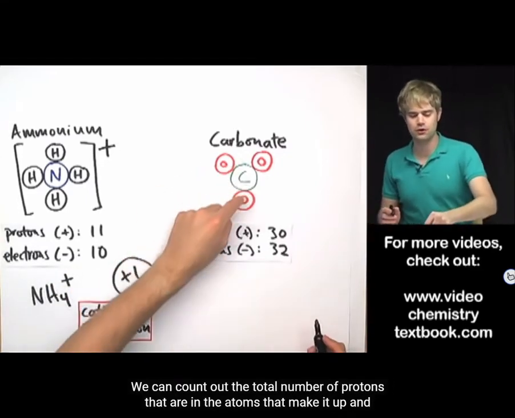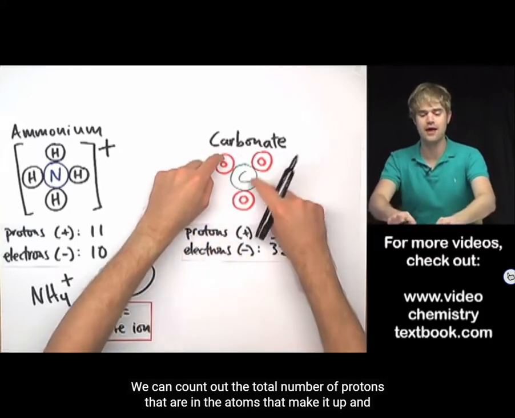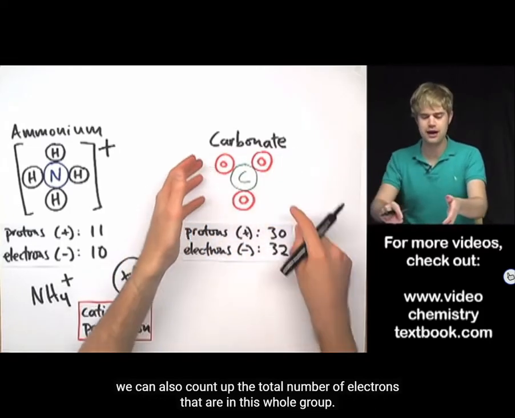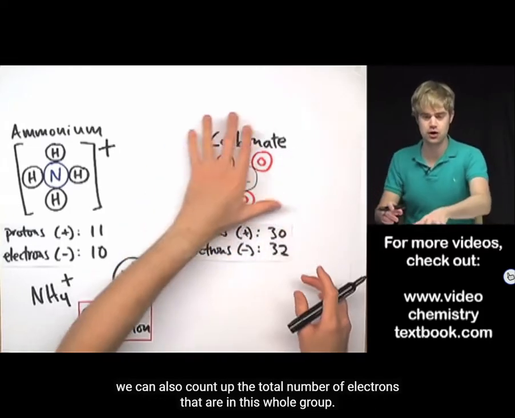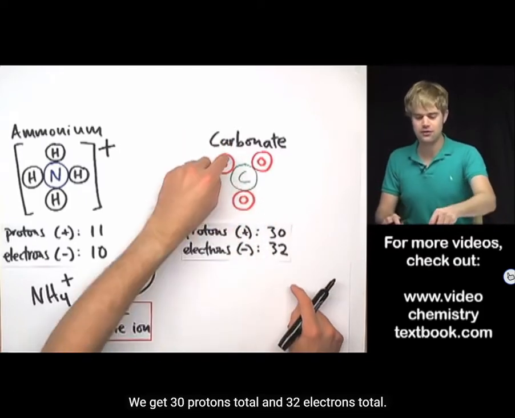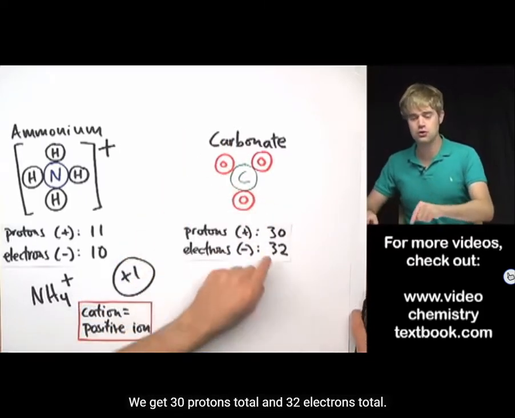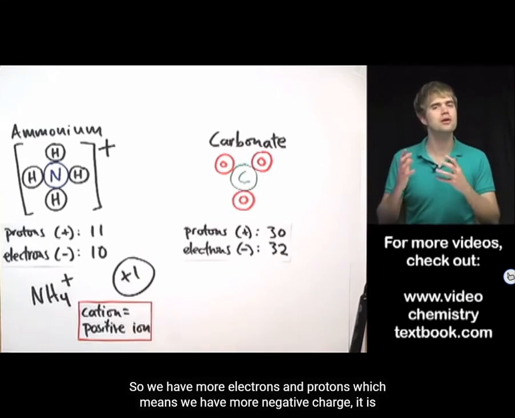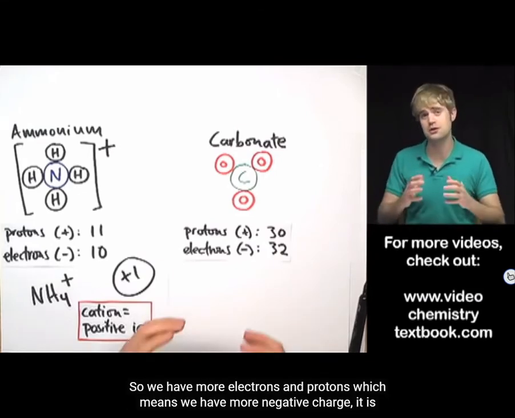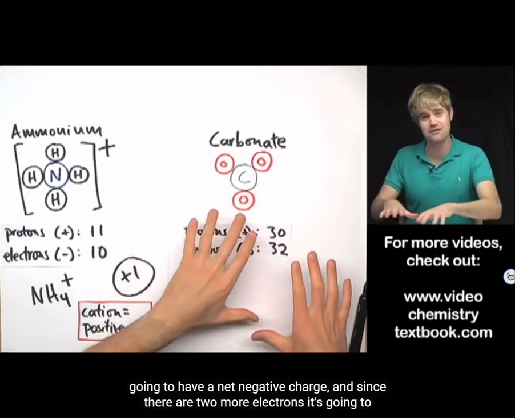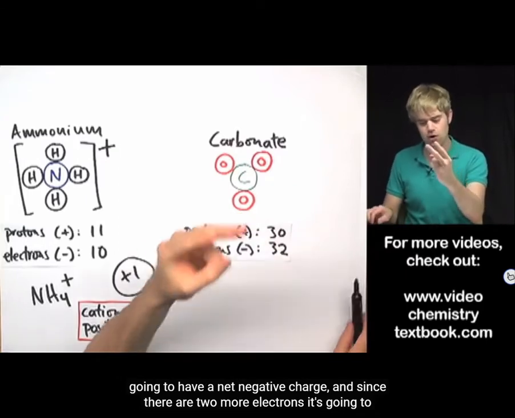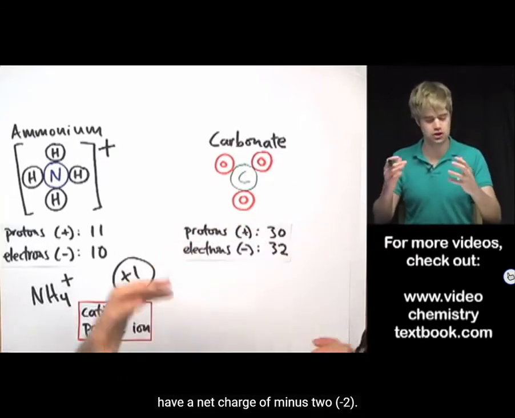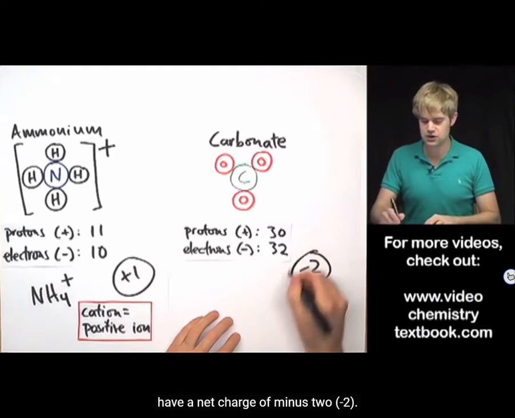Now, carbonate, we can do the same thing with it. We can count up the total number of protons that are in the atoms that make it up, and we can also count up the total number of electrons that are in this whole group. We get 30 protons total and 32 electrons total. So we have more electrons than protons, which means we have more negative charge. It's going to have a net negative charge, and since there are 2 more electrons, it's going to have a net charge of -2.